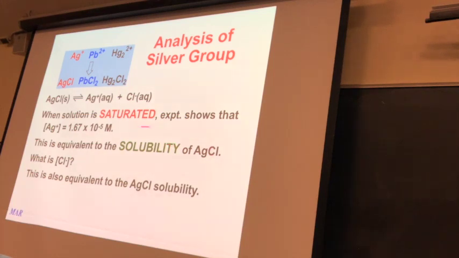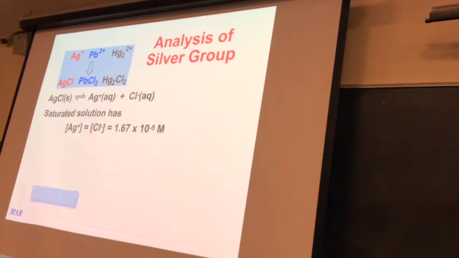If somebody asks you how many grams are needed to make a solid in a milliliter of water, this is the kind of stuff you'll start with. You'll start with the solubility, which is usually moles per liter, and you can convert it over, and we'll talk more about this later. All right.